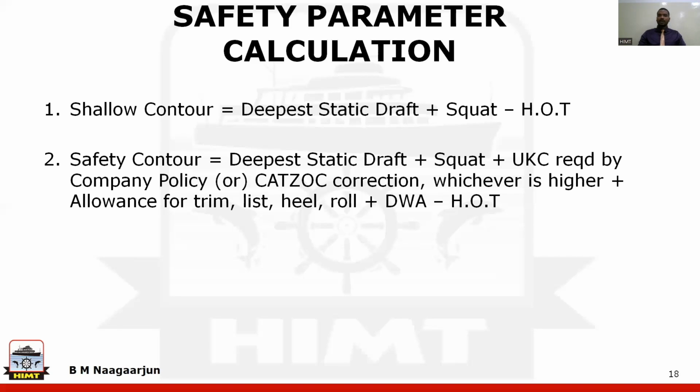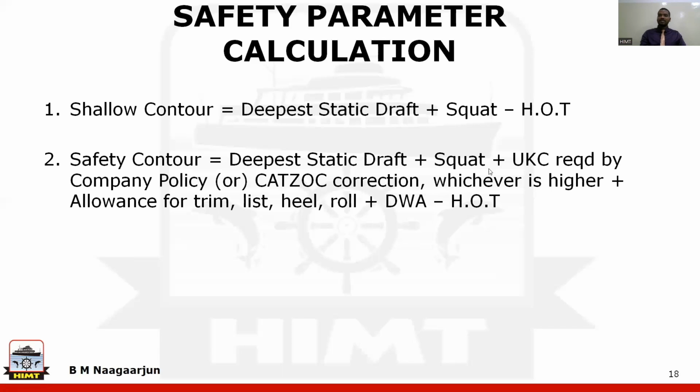We can see the common thing between shallow contour and safety contour. What do they have in common? The deepest static draft is there in both, the squat is there in both, and height of tide is subtracted in both. As we know, safety contour is the safety margin to prevent the grounding.